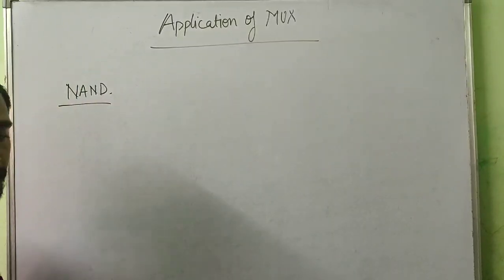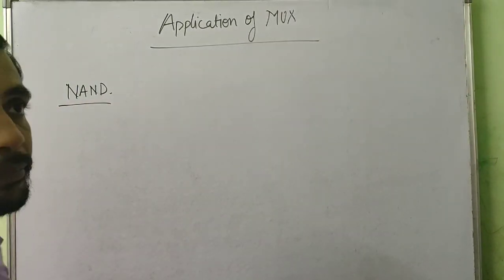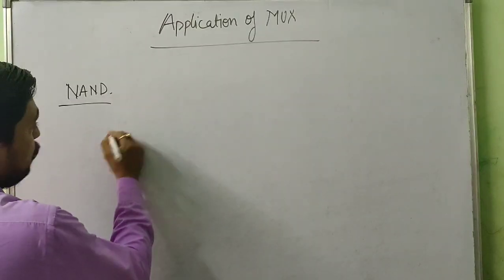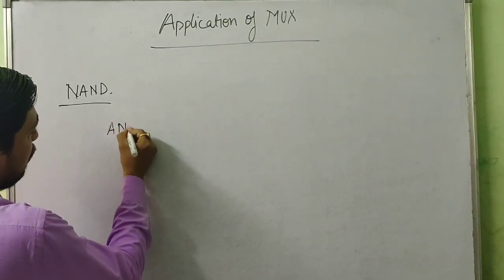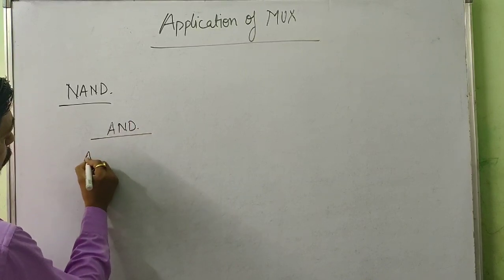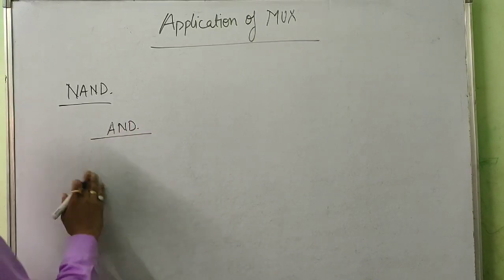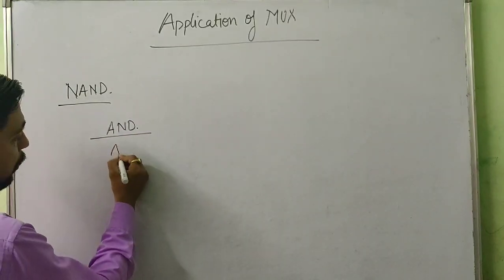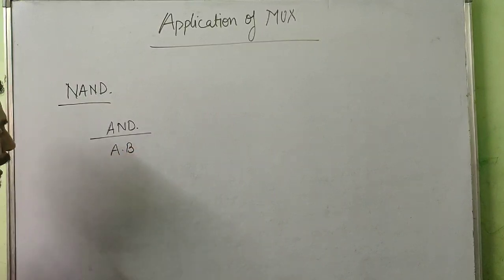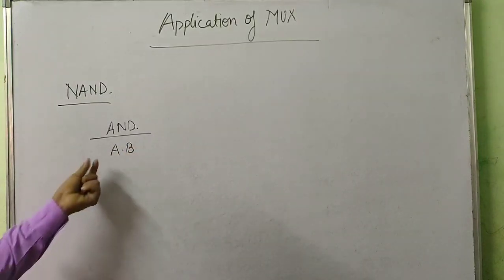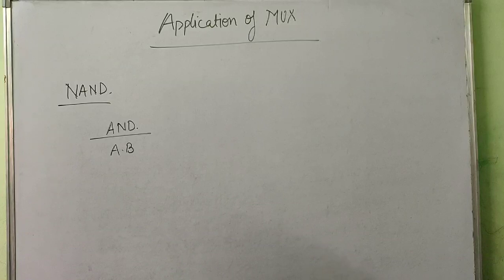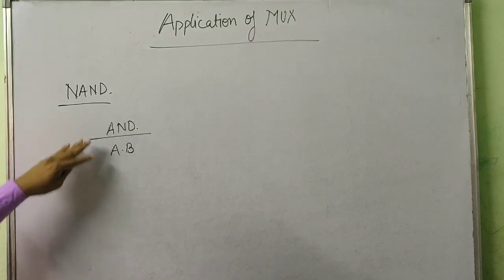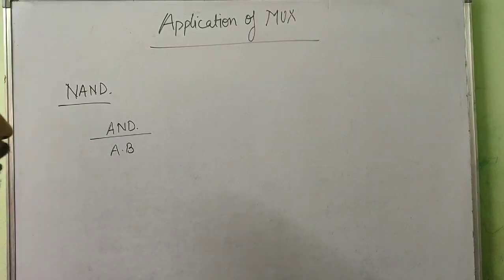Suppose for an AND gate operation, if A and B are two input variables, then the operation result of AND will be A and B.